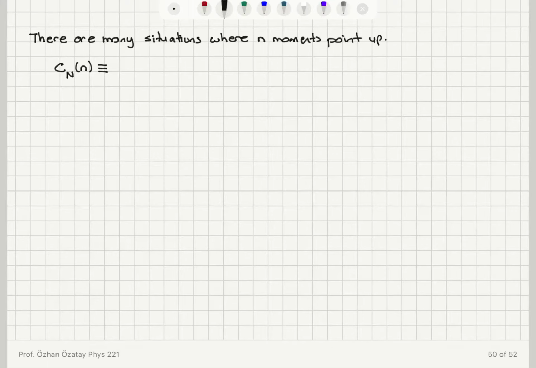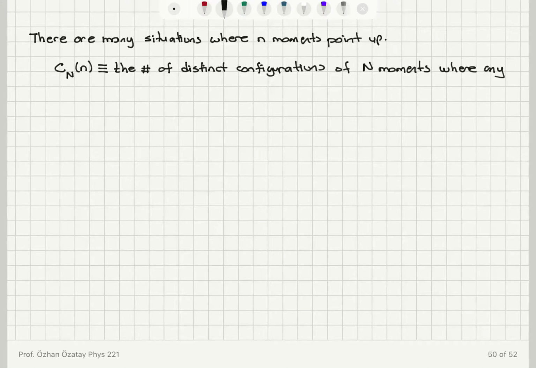It's by definition the number of distinct configurations of capital N moments where any lowercase letter n of these moments point up, or n prime point down. It's the same thing.